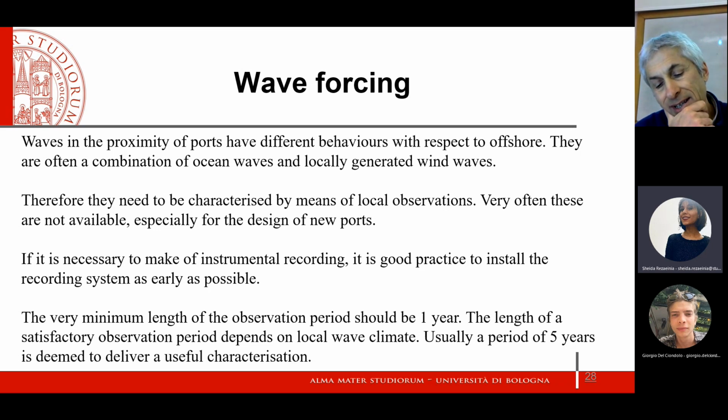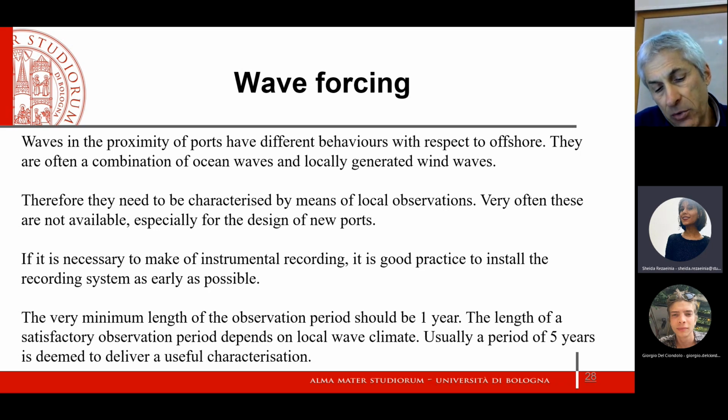Anyway, let's now see what happens when we get the waves into the harbor. The waves are forcing the moored ships, and let's see how we can compute the forcing originated by waves. First of all, we have to monitor the waves and get information on their behavior.